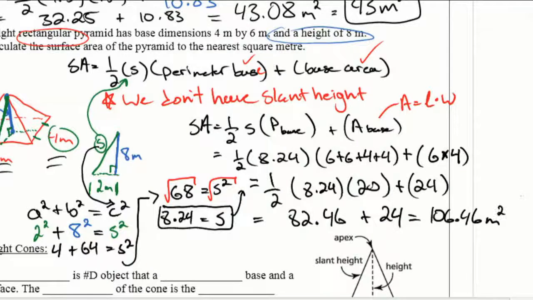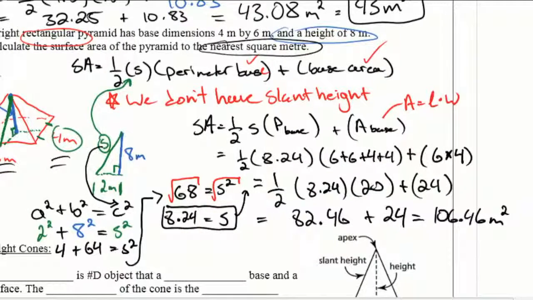Everything was in meters and meters squared. If I just look back up to the question again, I see that everything needs to be to the nearest meter. So instead of 106.4, I'm just going to have 106 meters squared.